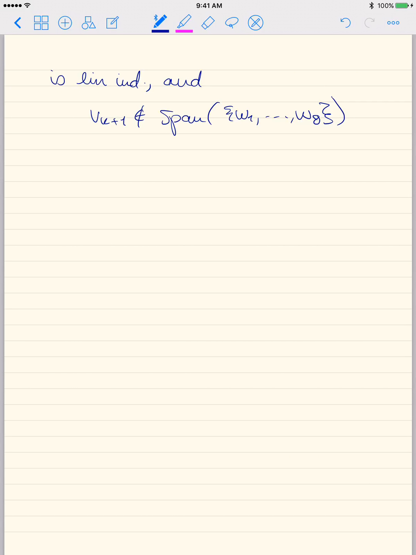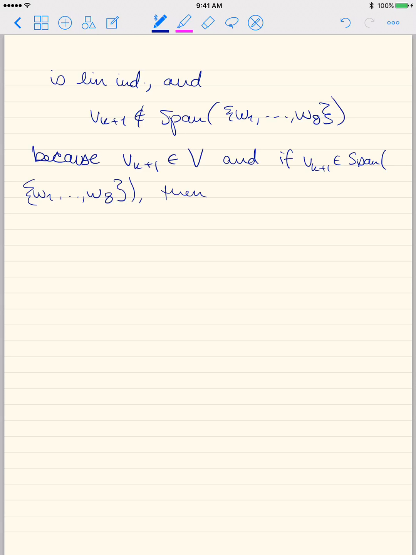So v_{k+1} is not in the span of W1 up to W8 because v_{k+1} is in V for sure. It's a basis vector. In that basis we had of V. And if it were in the span of W1 up to W8, then it would be in U as well.